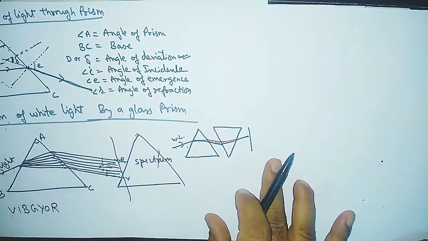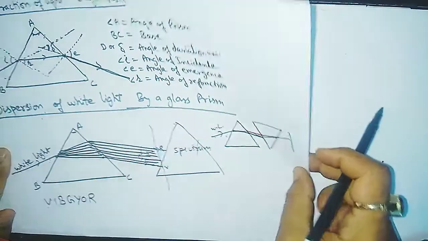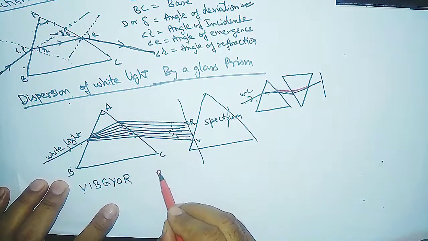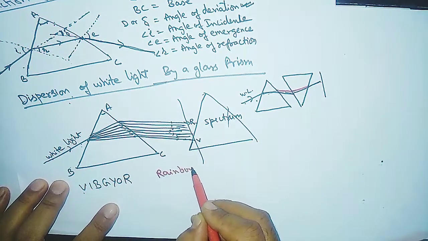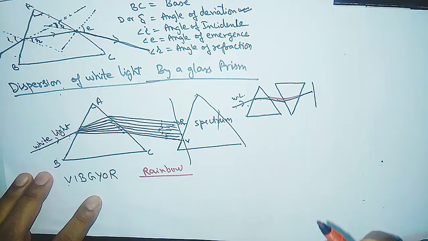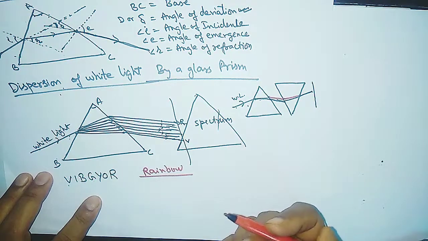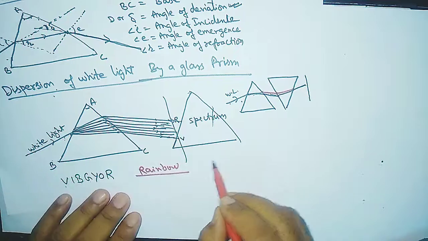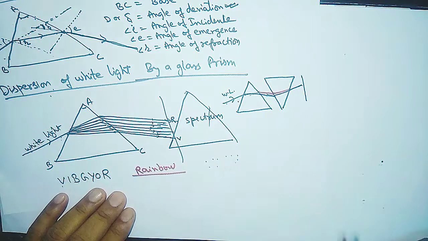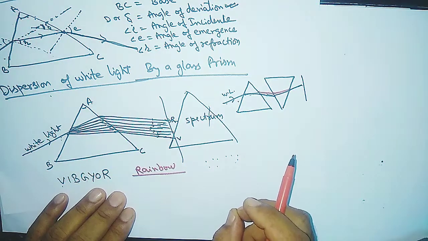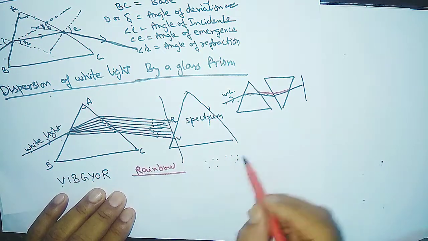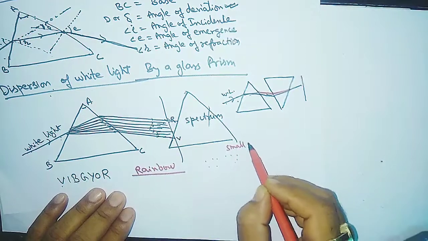Now on the basis of the dispersion of light, we can discuss another very important phenomenon which is called the rainbow. Rainbow is formed only in the sky before the rain or after the rain. Actually, what happens in the atmosphere, the tiny particles, you can say the small water droplets present in the atmosphere, behave like small tiny prisms.